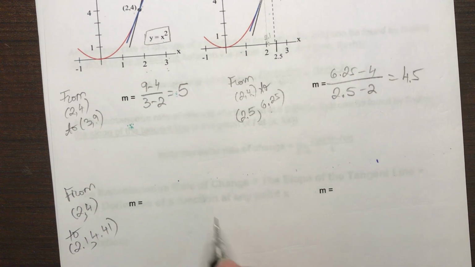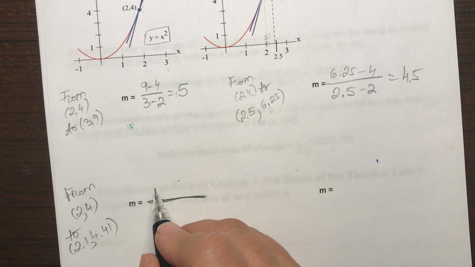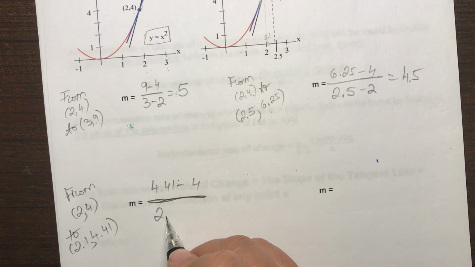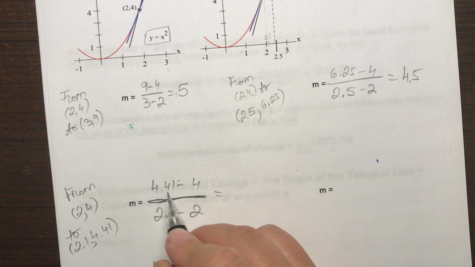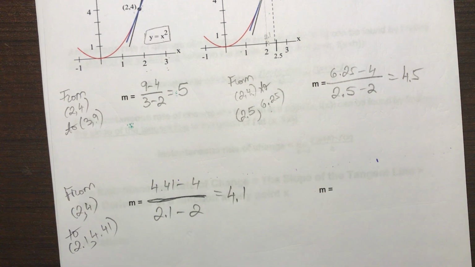Okay. So now let's see what's the slope of this line. So 4.41 minus 4 over 2.1 minus 2. So 0.41 divided by 0.1, which is 4.1. Okay.